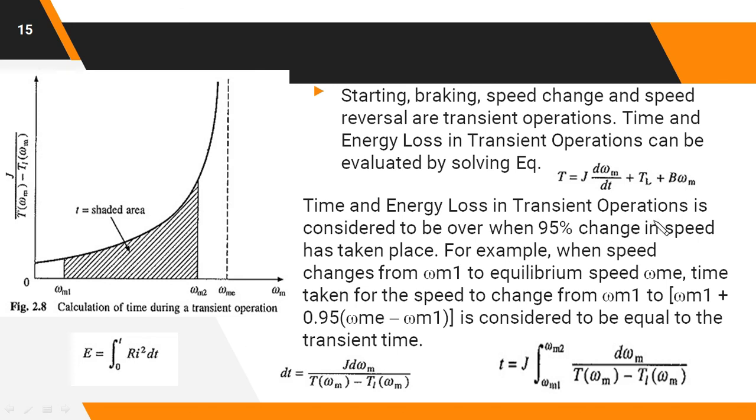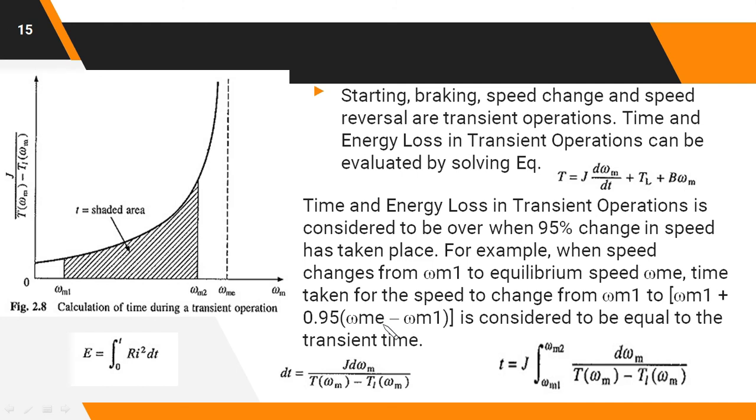And what is the consideration for this? It should be considered over when 95% change in speed has taken place. So for example, when speed changes from omega m1 to omega m2, suppose we take 200 to 1000 rpm as the change. Then the time taken is for the speed to change from omega m1 to omega m1 plus 95% of the change in speed.